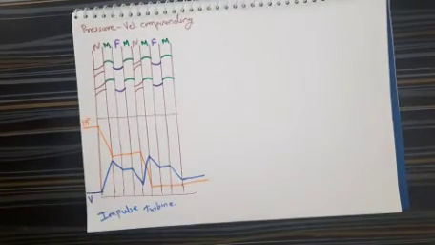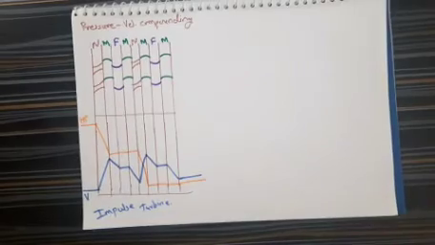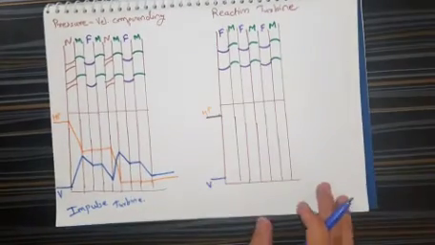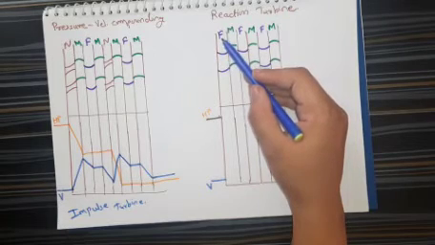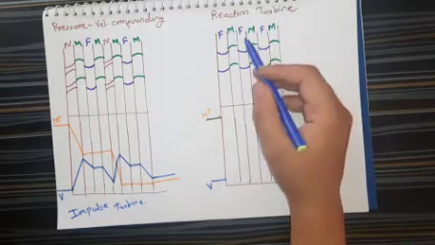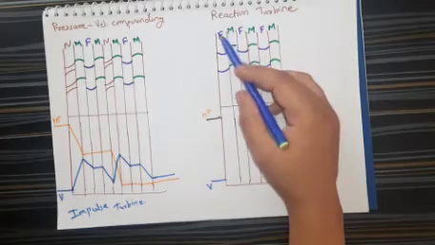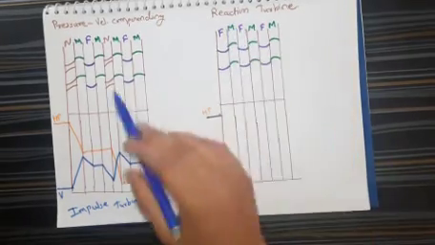The other compounding is the reaction compounding. In a reaction turbine, the arrangement is alternate rings of a fixed blade and a moving blade. Here, the design of this fixed blade is different than in the impulse turbine.